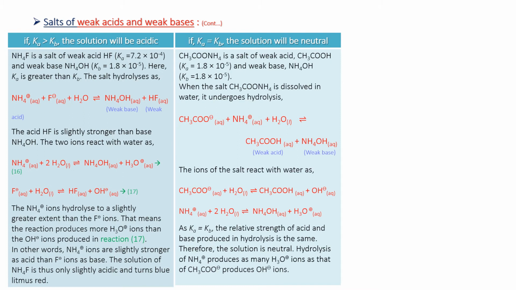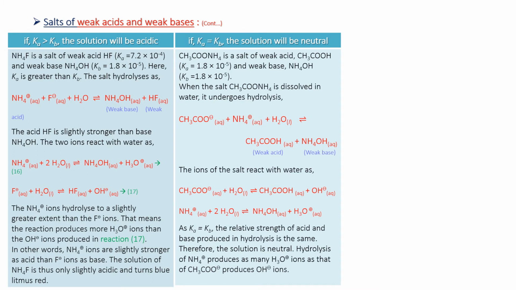Now in this case, acetate ion reacts with the water, you get acetic acid and OH minus ion. NH4 plus reacts with the water, you get NH4OH and H3O plus. So as you know, the Ka and Kb, the relative strength of acid and base produced in a hydrolysis, is the same. So therefore the solution is neutral.